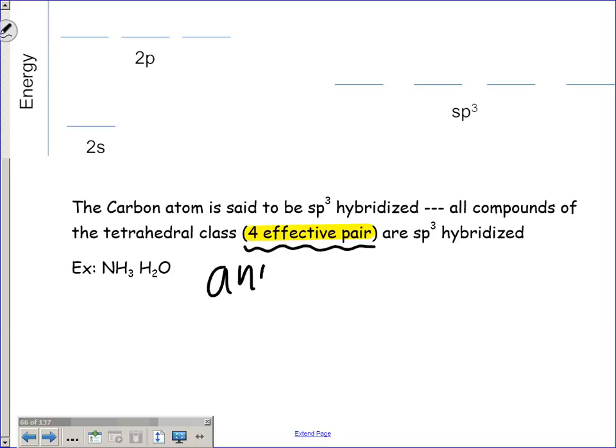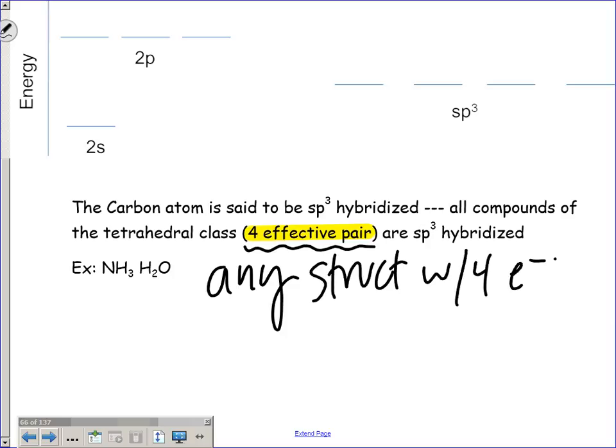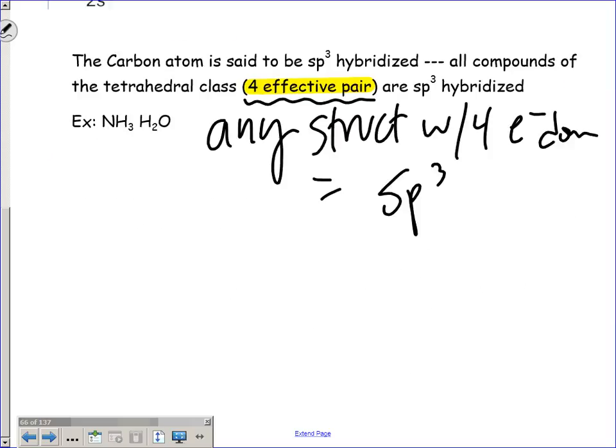Any structure, not just methane, any structure with 4 electron domains will hybridize as an sp3 hybrid every single time. Give me an example. Not methane. Silicon tetrahydride?